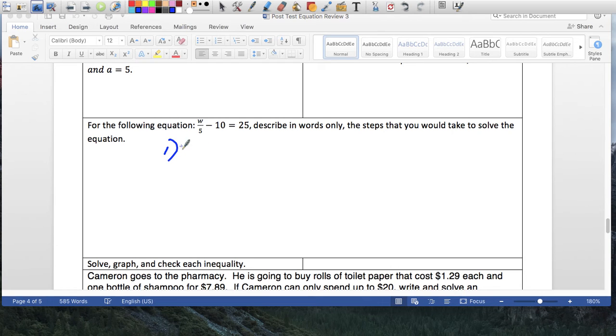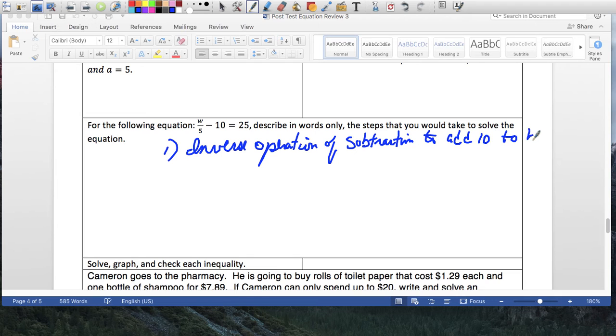Number 1, I would use the inverse operation of subtraction, to add 10 to both sides, right? Because we're adding 10 to both sides, right?